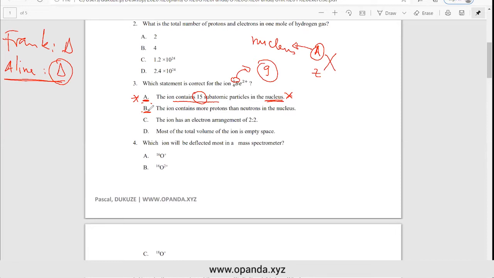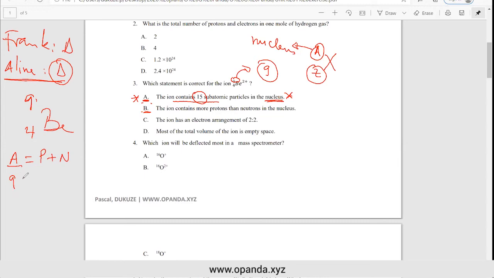And it cannot be suggestion B. Why? The ion contains more protons than neutrons. It's very simple. We have beryllium, 9 and 4. So if we can get the number of protons, when you take protons and you add neutrons, you get the mass number.